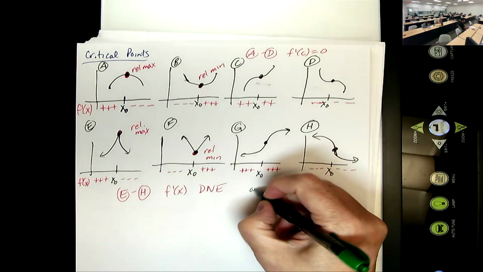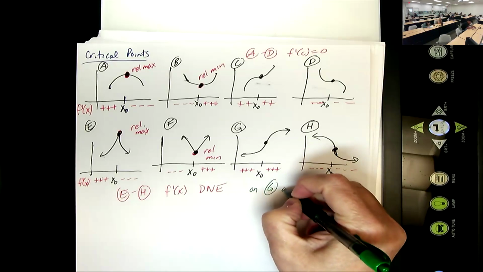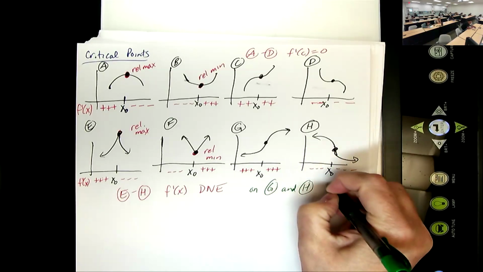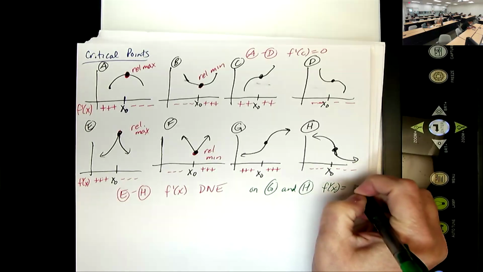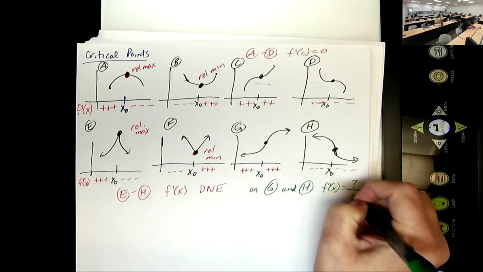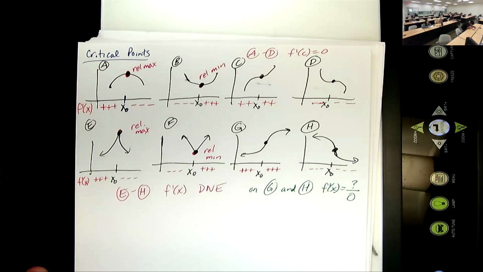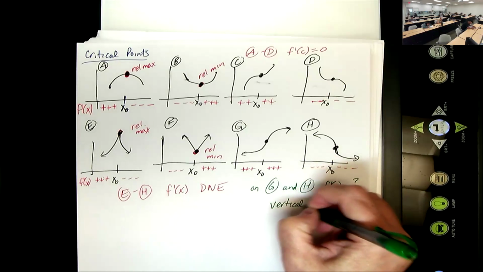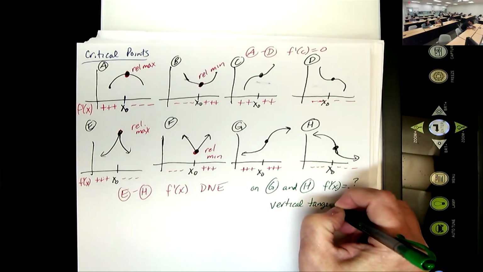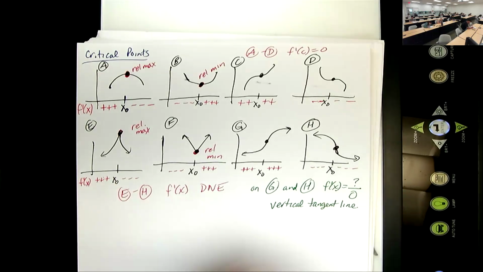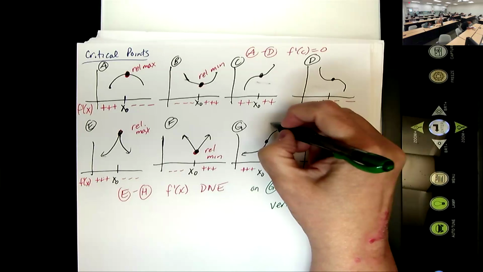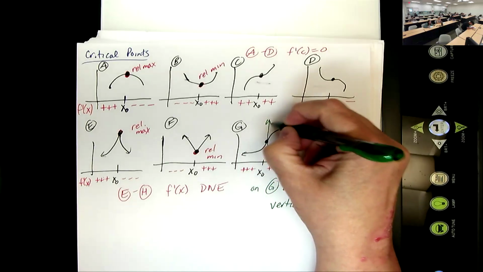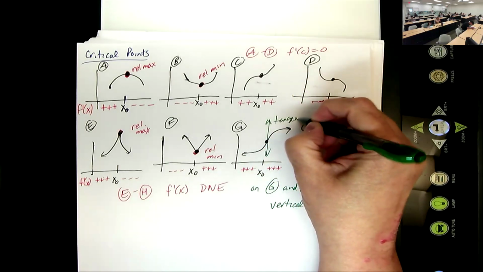On G and H, we have f prime equals something over 0. So we have a vertical tangent line. So my tangent line is that.